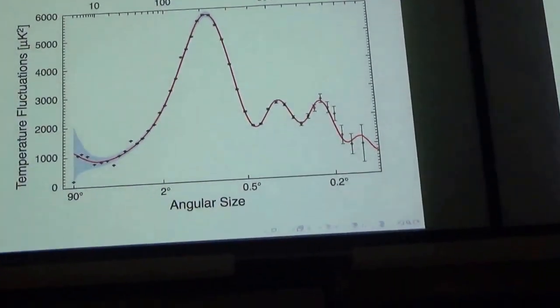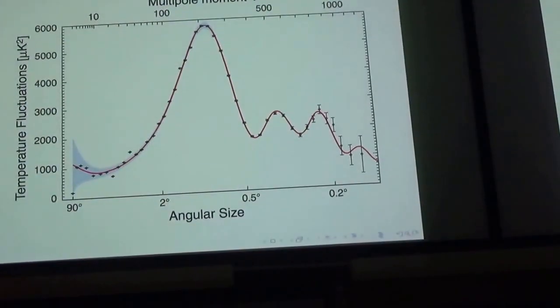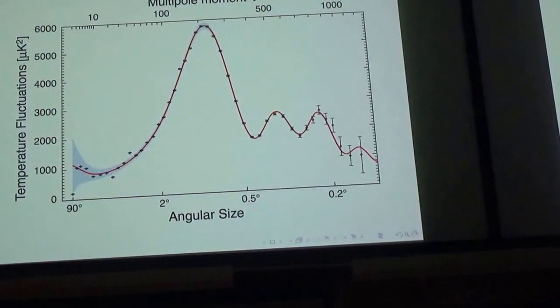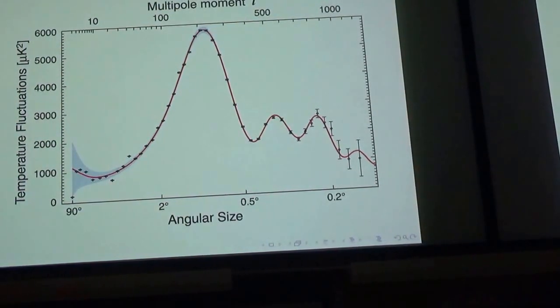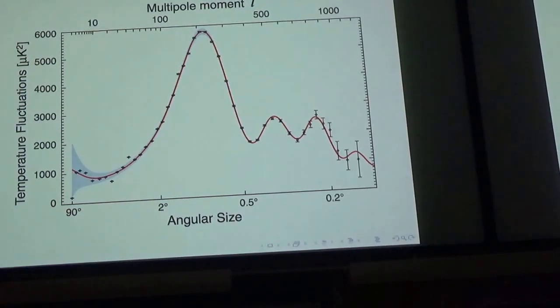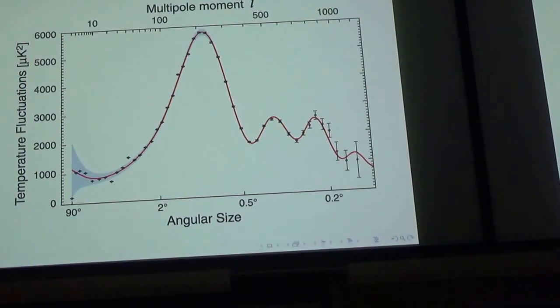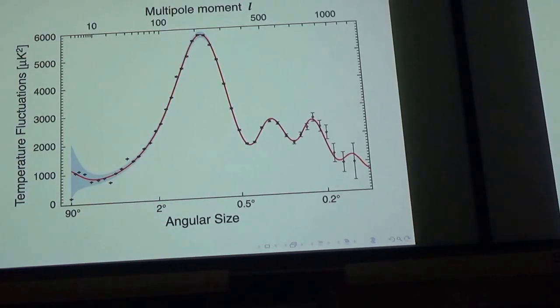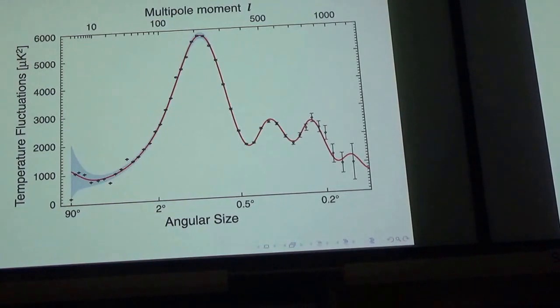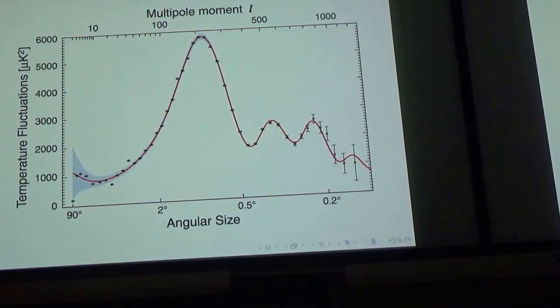What we're plotting here is the temperature fluctuations, in fact, correlations of temperature fluctuations in squared millionths of a degree Kelvin, and angular size. So what you're seeing is that there are huge fluctuations on an angular scale of about 1 degree.